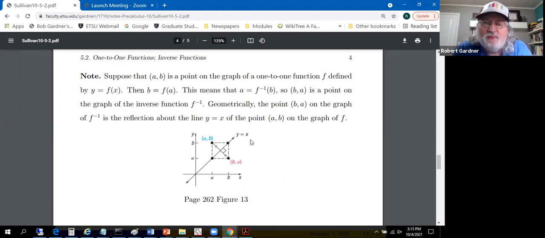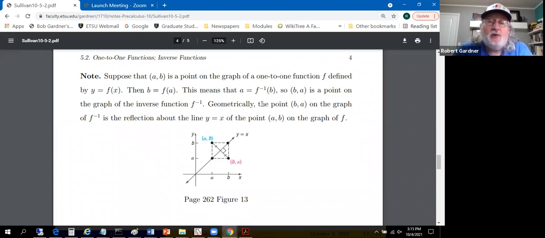We've done reflections before, but we've only done horizontal and vertical axes of reflection. Here we're reflecting about a 45-degree line through the origin. But it's the same idea. Simply reflect, and it produces these points. So geometrically, the point (b, a) on the graph of f inverse is the reflection about the line y equals x of the point (a, b) on the graph of f.